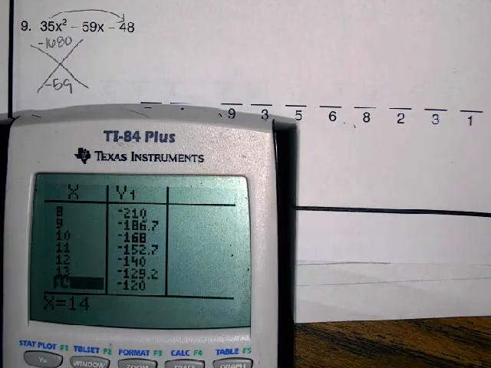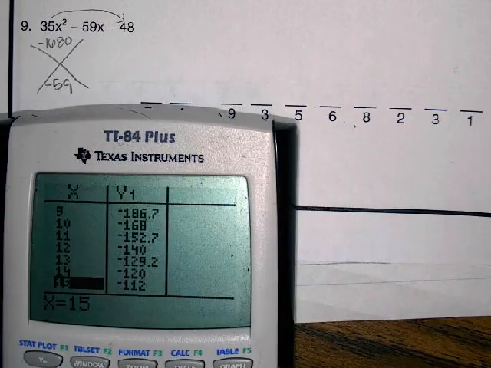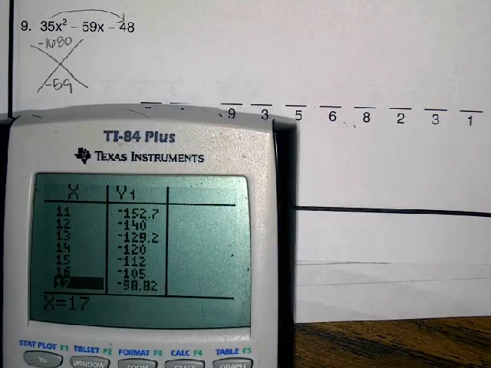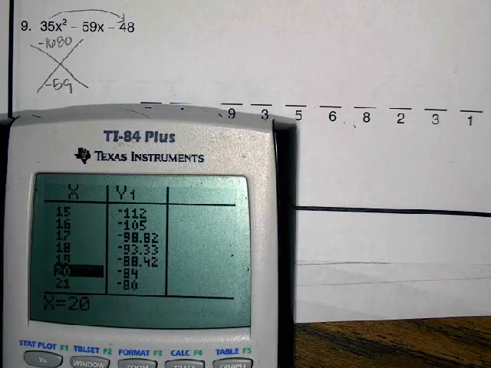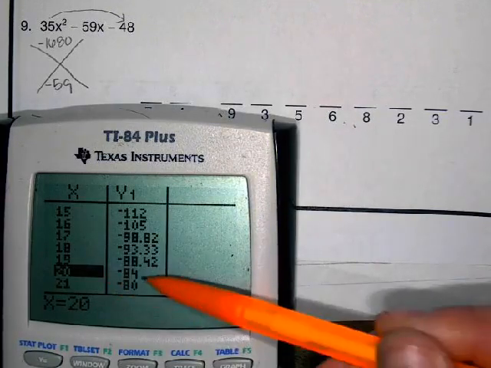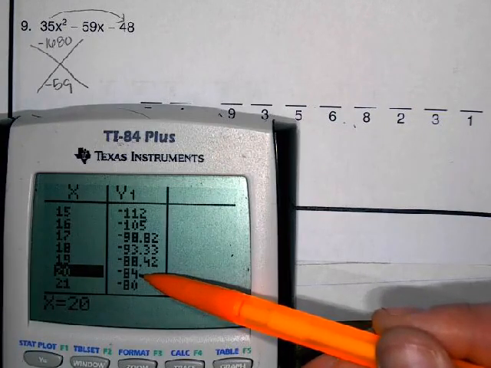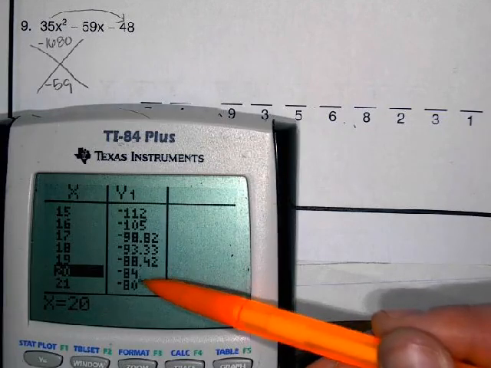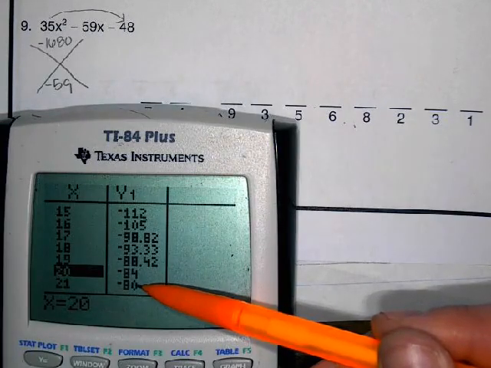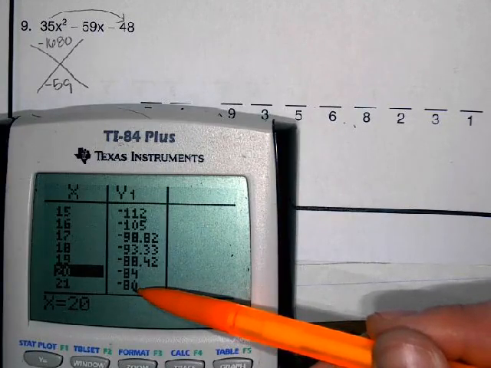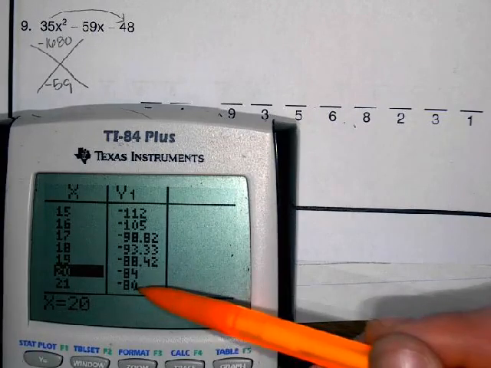That's like negative in the 90s. 20 and negative 84, that's negative 64, so we're getting pretty close here. Can somebody check and see what this is? I think this might be it. What is negative 80 plus 21? Negative 59. So these are our numbers. Okay, so 21 and negative 80 are the two numbers, okay?